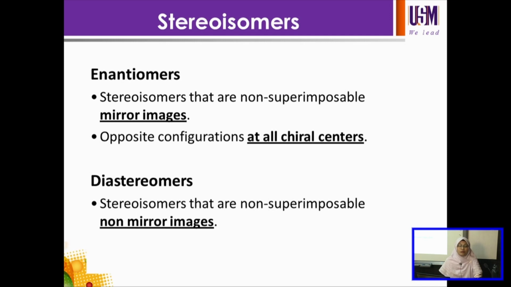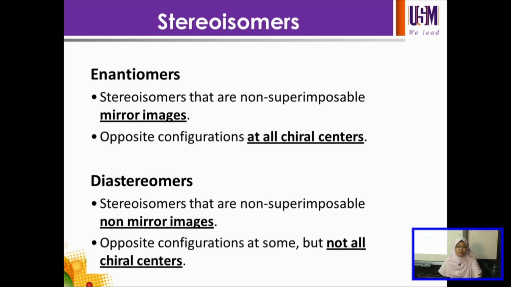So both enantiomers and diastereomers are non-superimposable, but enantiomers are mirror images, while diastereomers are non-mirror images. Diastereomers have opposite configuration at some, but not at all, chiral centers. So this is the difference between enantiomers and diastereomers.